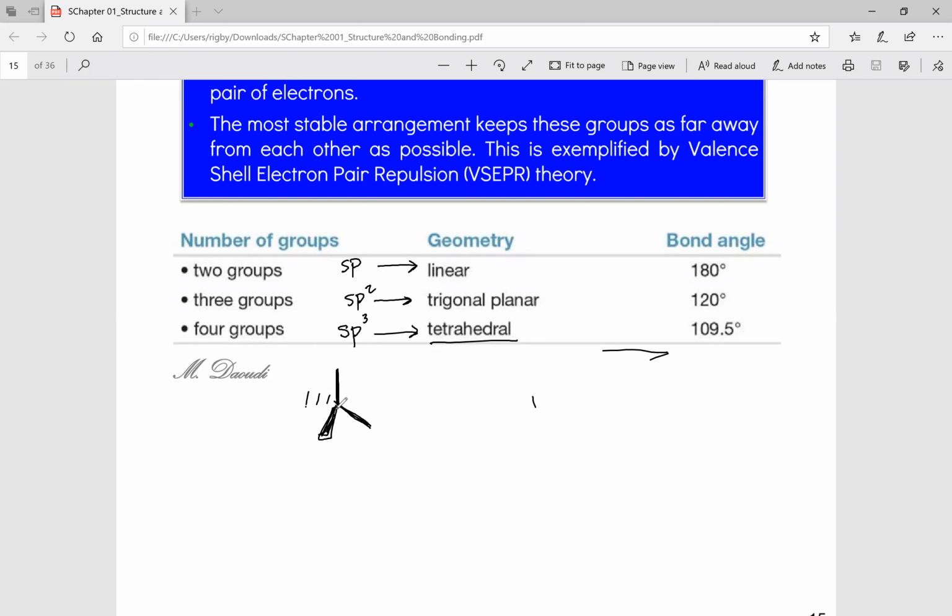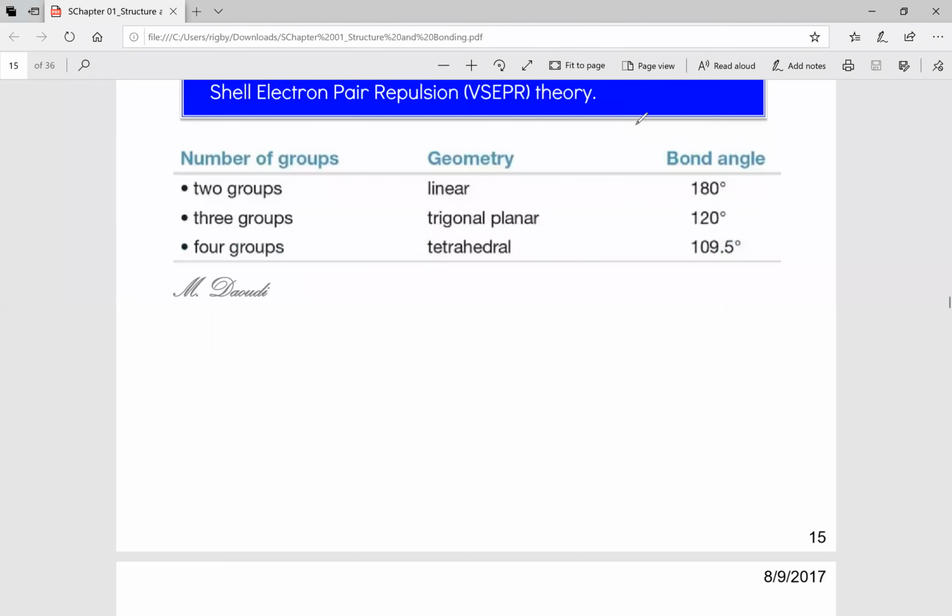A solid wedge represents an atom or a bond coming out from the screen towards you, and a dashed wedge shows an atom or a bond going into the screen away from you. We'll talk about that more later when it becomes more relevant, but right now I want to talk about something called a line angle structure.